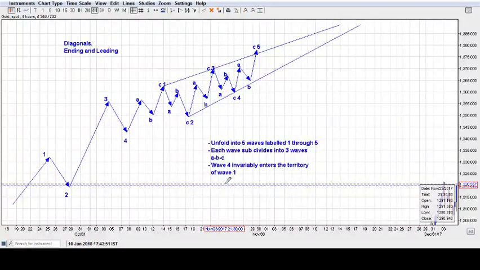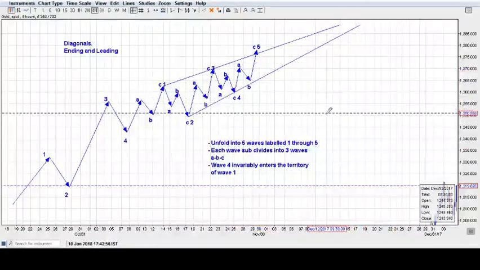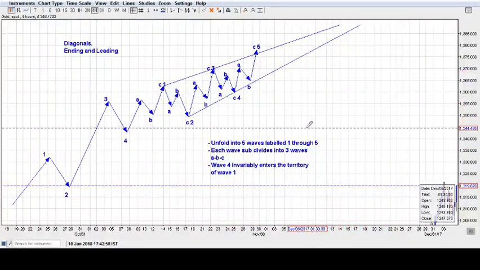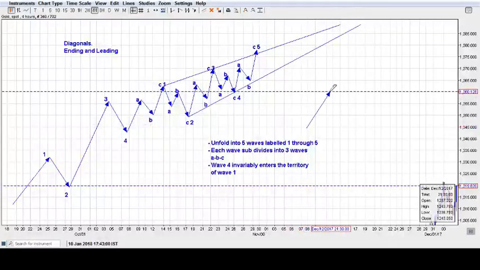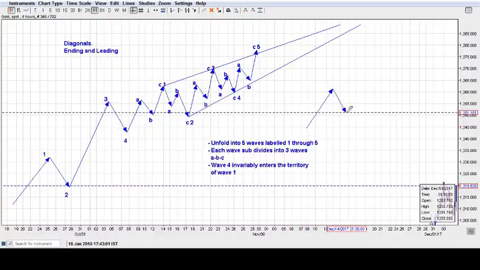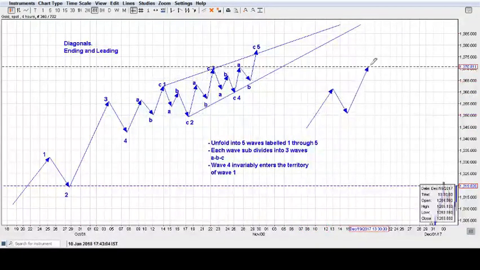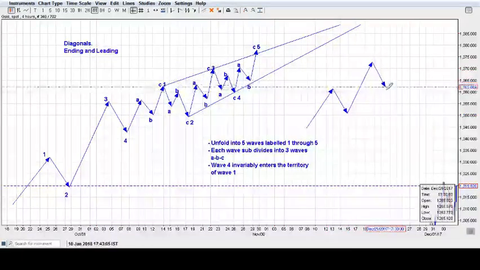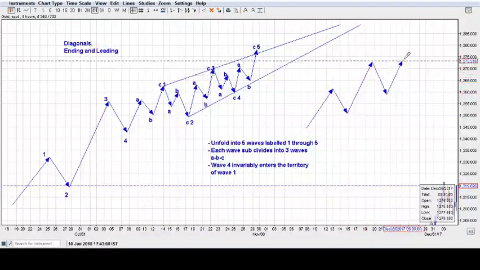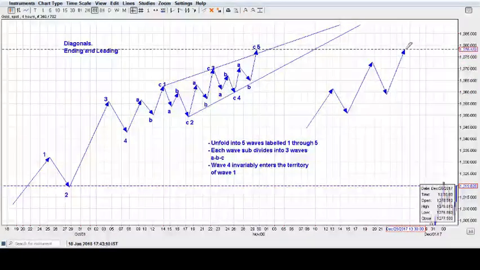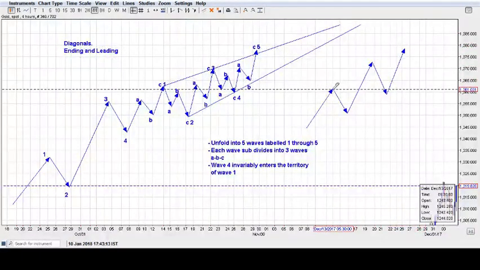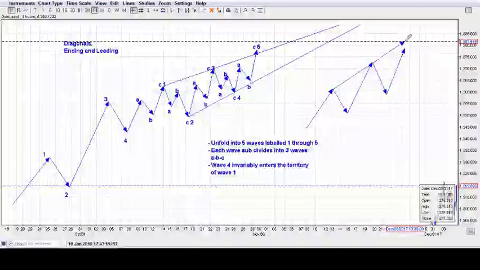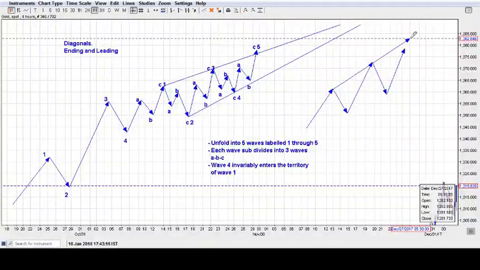The only difference is, let me draw here if possible, wave 1, wave 2, wave 3 and then wave 4 and 5. Let's say this is a 5 wave structure, a diagonal or a leading diagonal.